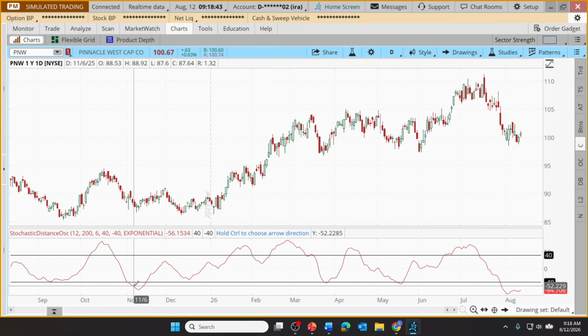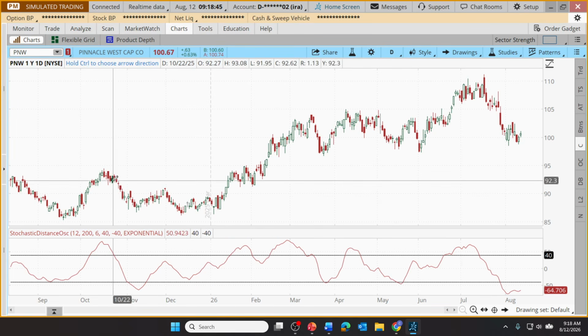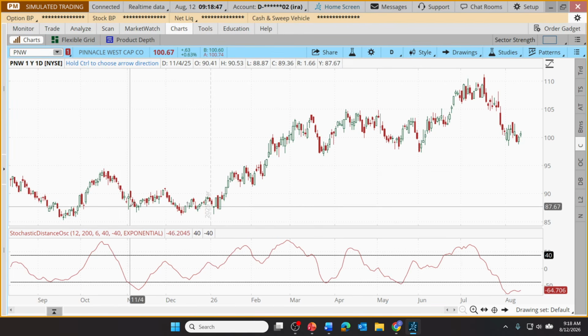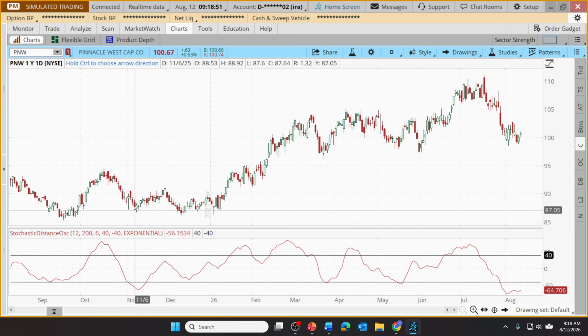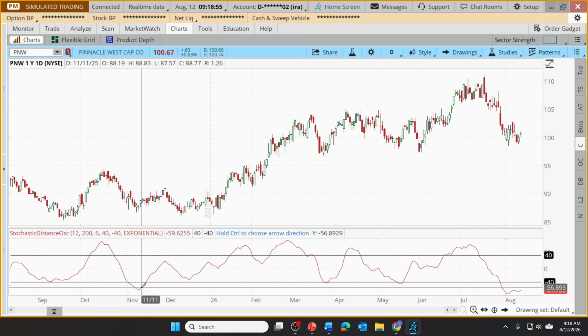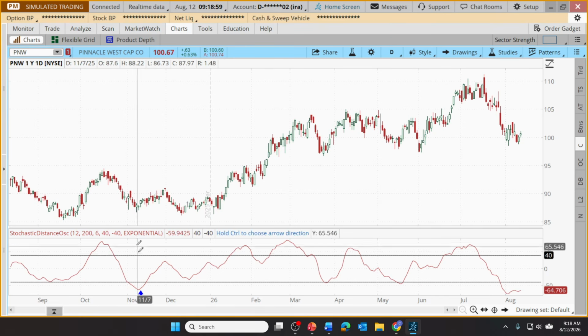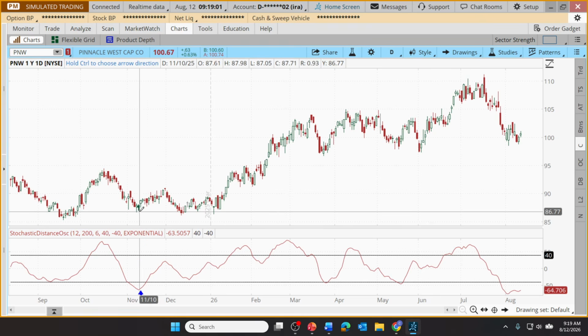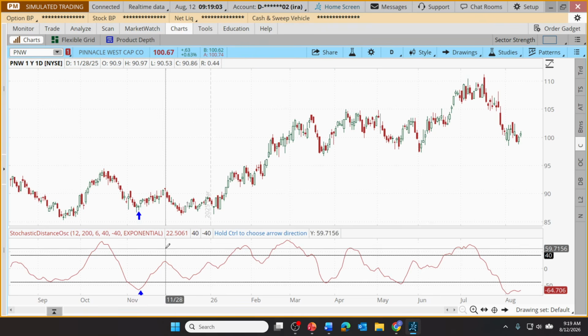And there are 2 potential entries from this point. This may be signaling that price is reaching near-term, short-term cyclical lows. The first signal might be if our SDO line turns and starts to rise again, as it did right here. And that seems to have generated an entry signal about right there.